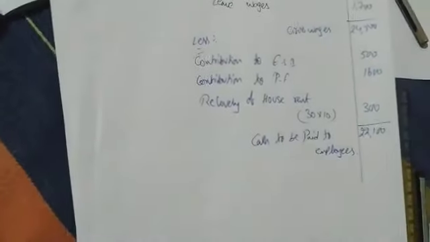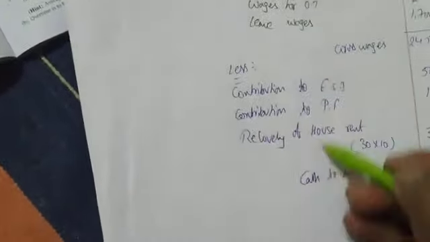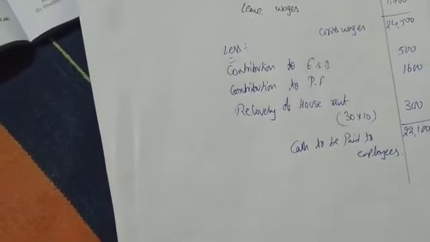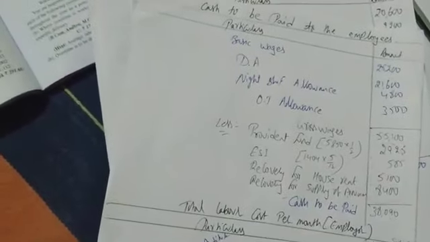So this much cash has to be paid by the employer to the employees every month. Simple. First we have to find out gross wages. Then deduct what all is contributed by the employee, and you will get the cash to be paid. Easy.